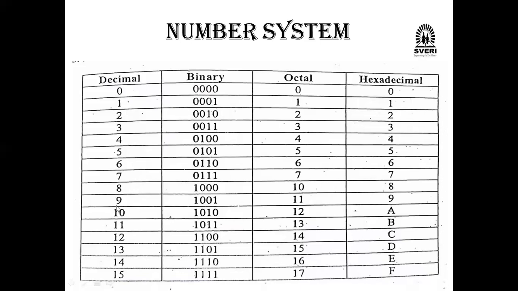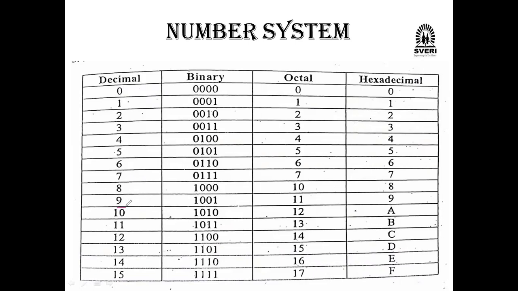Decimal means 10 numbers only we have to consider, that is 0 to 9. But for the 0, binary numbers are also there. We have to convert all these decimal numbers into binary. Listen.